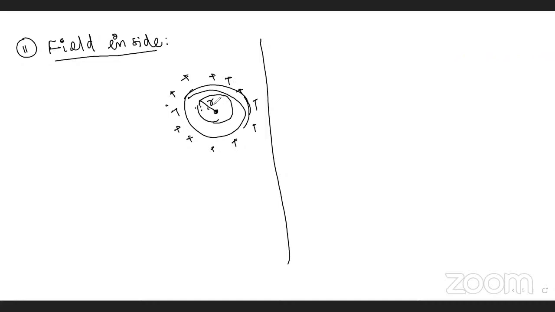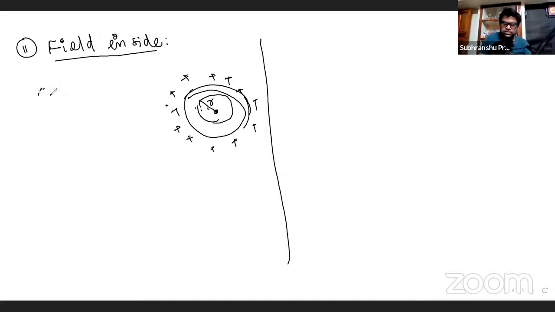For inside the sphere, from Gauss law, flux equal to Q inside by epsilon naught.